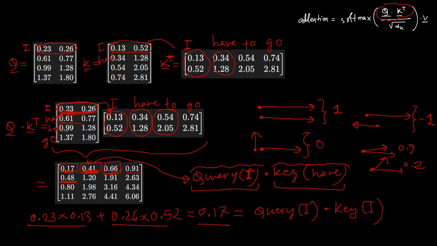So this was produced by I, this first row, multiplied by this third column. So this is finding out I attending to 2. This is finding out I attending to go. So we can interpret this whole procedure as such.